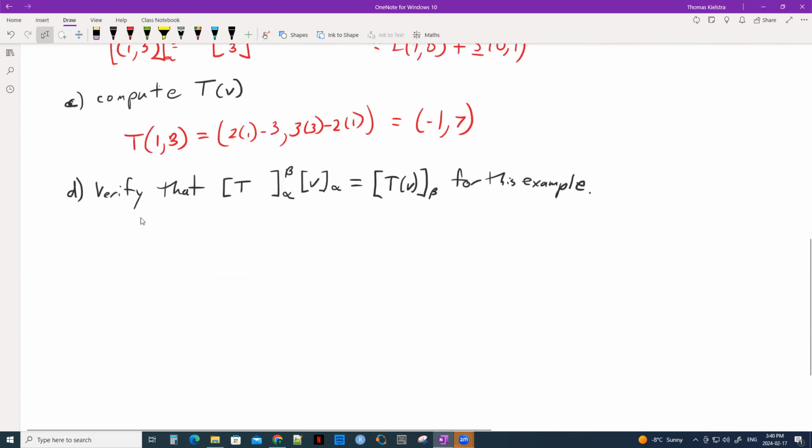So now what we're going to do is verify that the representation of T of V in beta is also equal to the matrix representation of T using alpha beta times the coordinate vector of V in alpha.